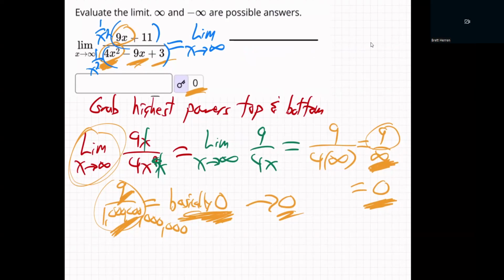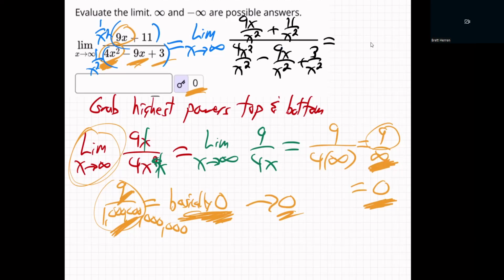And so what do we get then? We get 9x over x squared plus 11 over x squared. And down here we get 4x squared over x squared. I'm just again proving to you that this is really true. One more way, which is probably way more than you even want to see in this video. And then what's that going to be?